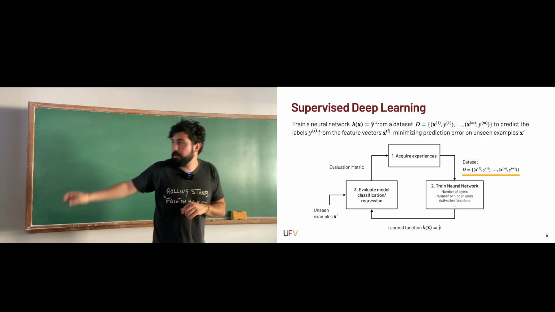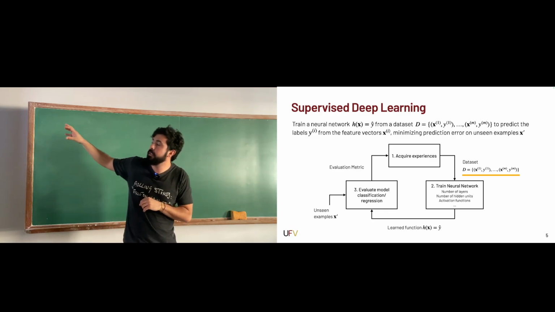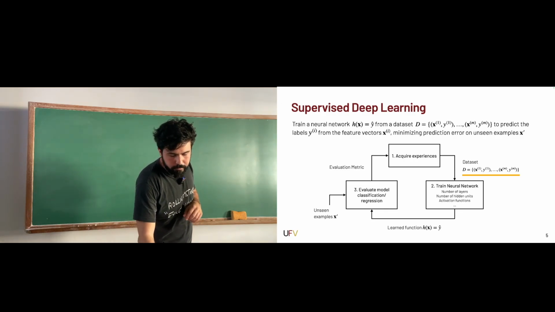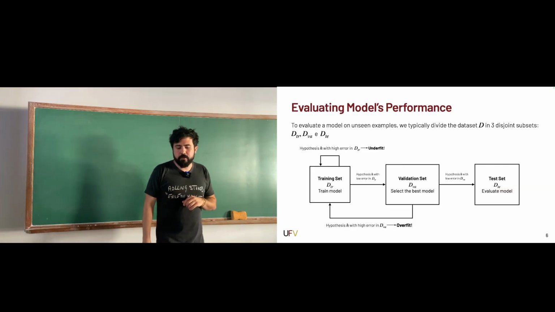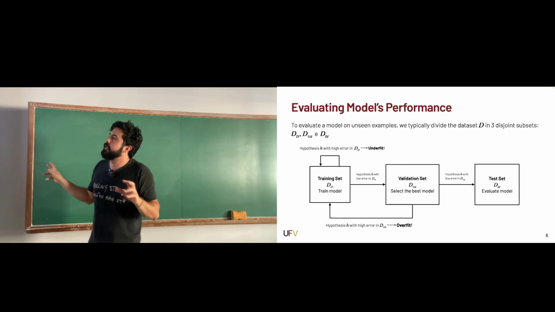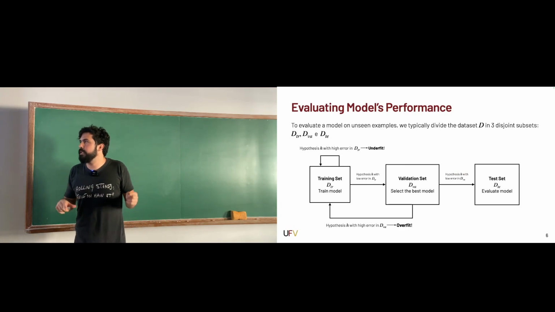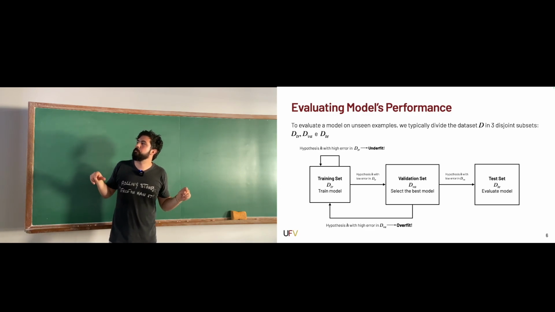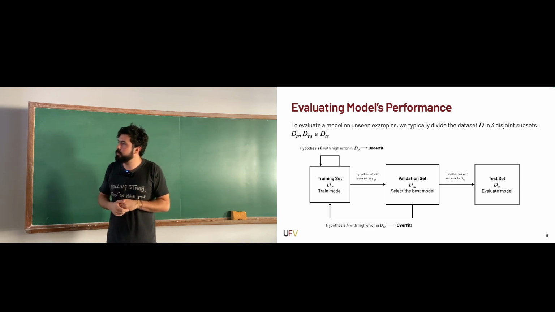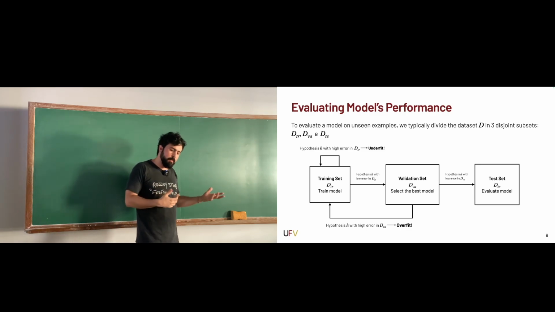But right now, I want to talk a little bit about the data set itself. So recall as well that we've already discussed this idea that in machine learning, we want to evaluate the performance of our models on unseen examples.